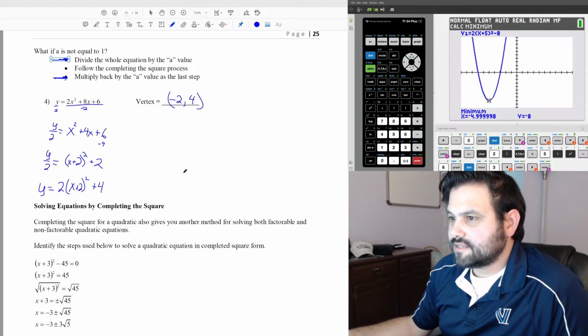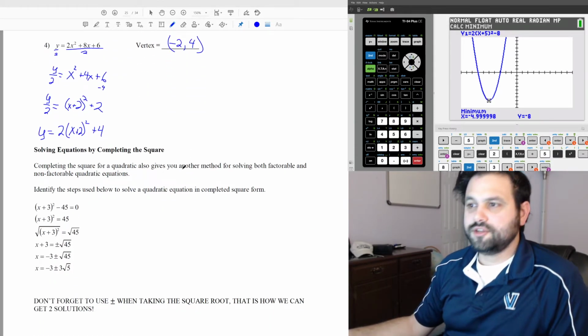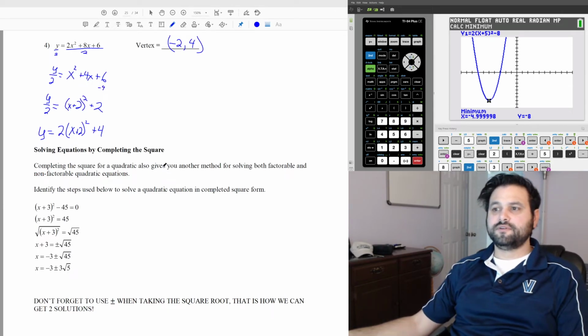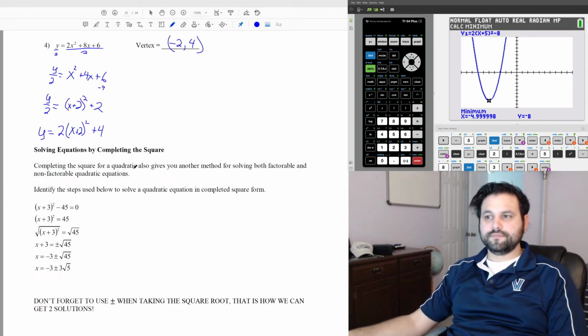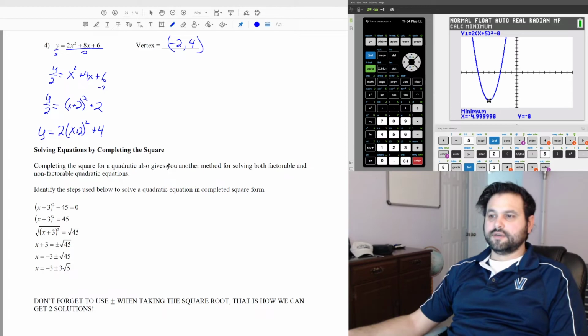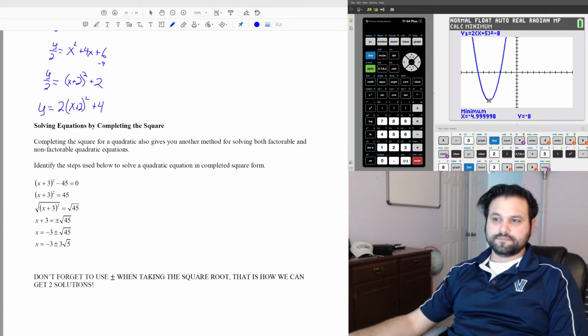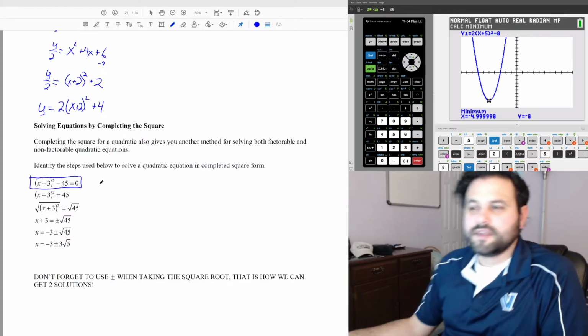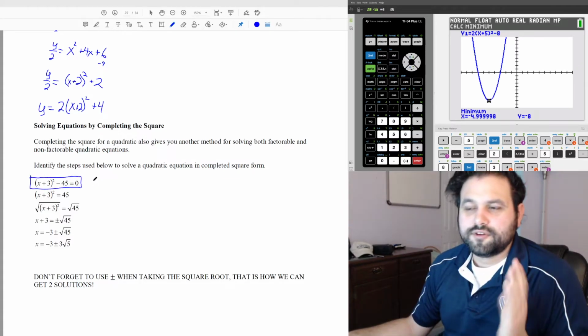Now the last thing we're going to talk about is we can use this method to solve quadratic equations. So the reason why I like to do this sometimes is because if it's written in vertex form, take a look at this. This is in vertex form, right? This is what we're trying to solve. The great thing about vertex form is that there's only one variable.